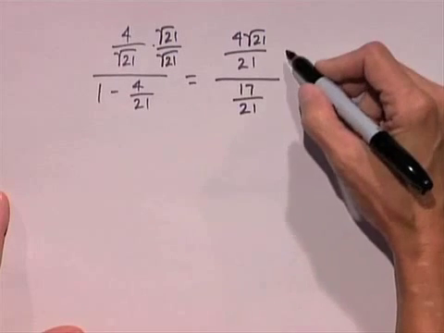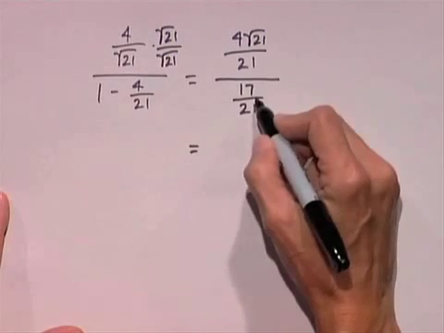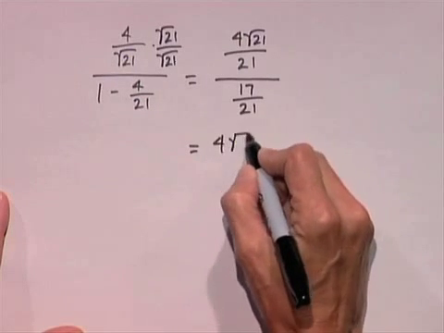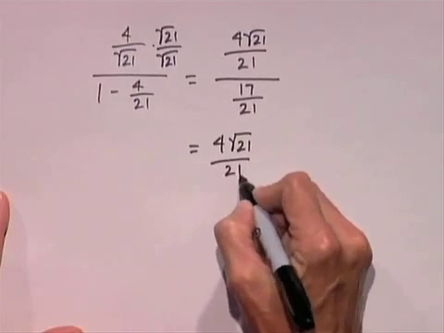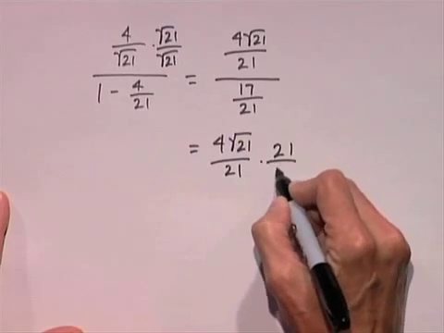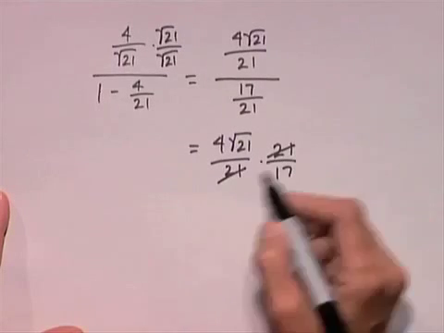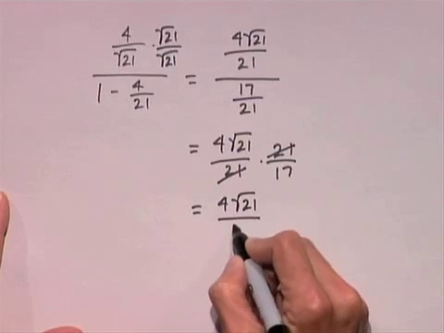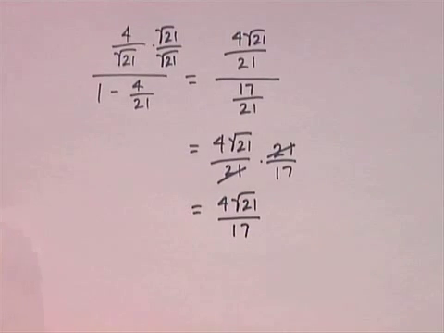Then if I multiply by the reciprocal of the denominator, 21 over 17, I'll have 4 square roots of 21 over 21 times 21 over 17, and the 21s will simplify. I'll end up with 4 square roots of 21 over 17, and that's the value I was looking for.